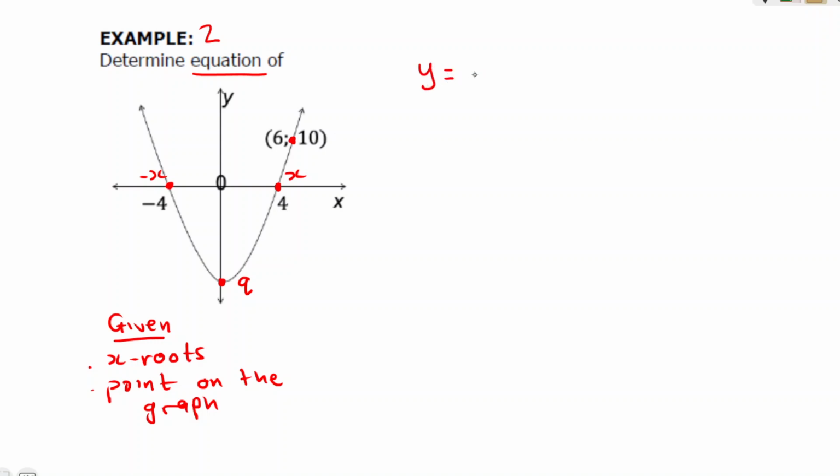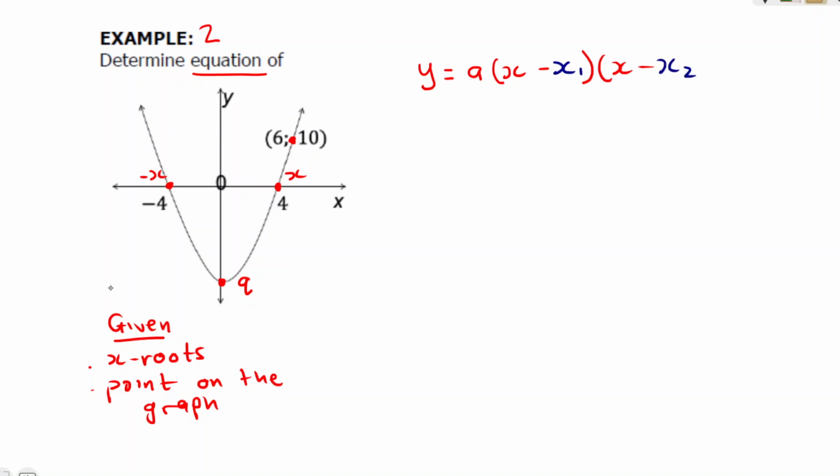y is equal to a bracket x minus x1. Okay, let me put this x1 in a different color because there's something I want to show you here. Then I'm going to say bracket x minus x2.